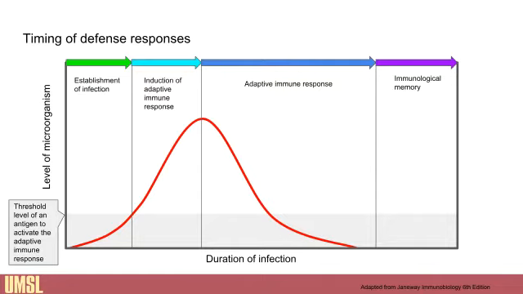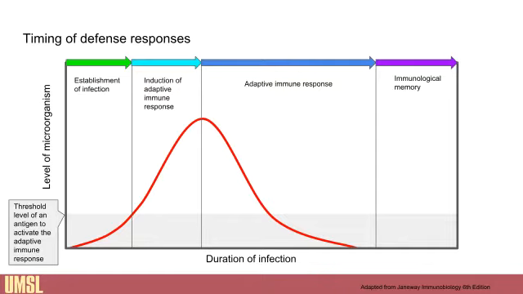Until you cross some threshold level, and we'll come back later to what defines this threshold, you can imagine there's some threshold that you need to cross for your adaptive immune system to actually be engaged, because it's an expensive process in terms of generating immunity.